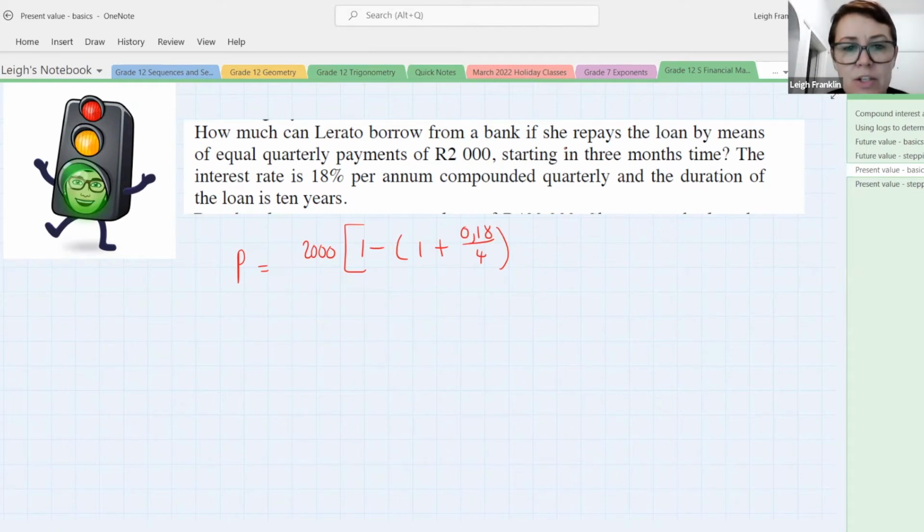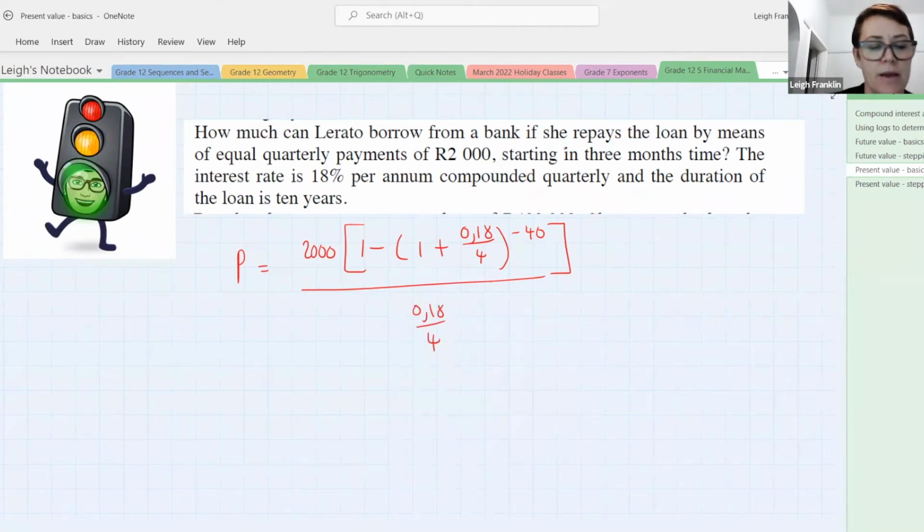That means she is going to make 40 payments in total over that 10-year period, because she's paying every quarter. If you pay every quarter for 10 years, you'll make 40 payments.